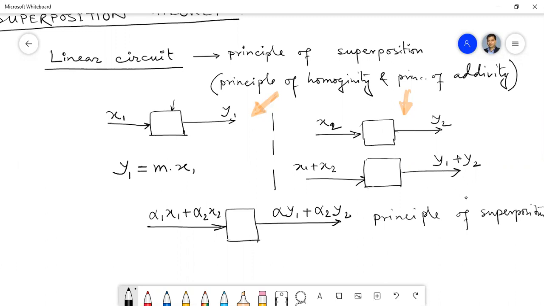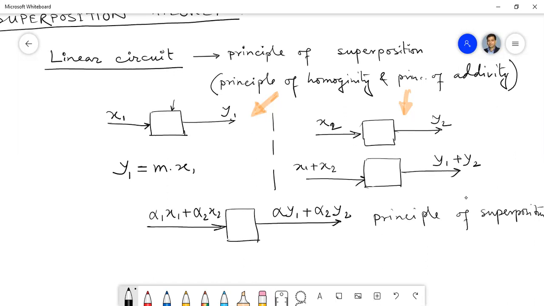Got it? So the principle of superposition is the test of linearity of any system. A system can be an electrical system, like a circuit or any electrical element, or it can be any mechanical system as well.